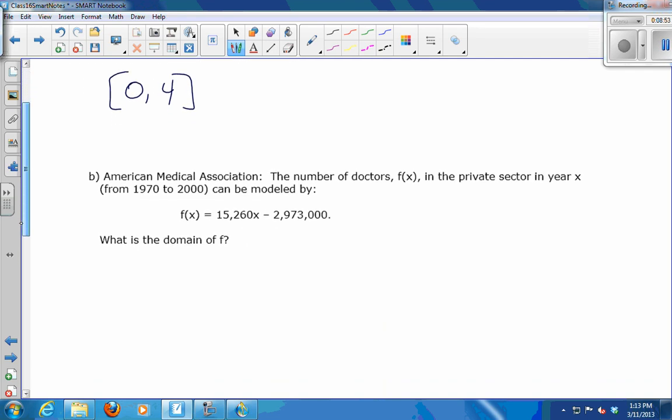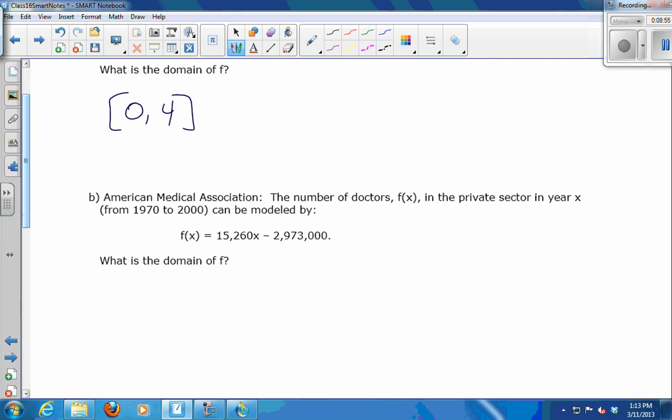Sometimes you have to infer it from a word problem. So the American Medical Association has this formula for the number of doctors in the private sector in year X. And so you plug in X for the year and it tells you the number of doctors, right? But then they tell you that you can only plug in values from 1970 to 2000. You can only plug in years from 1970 to 2000.